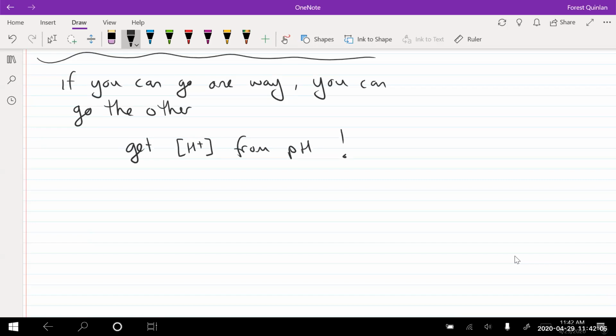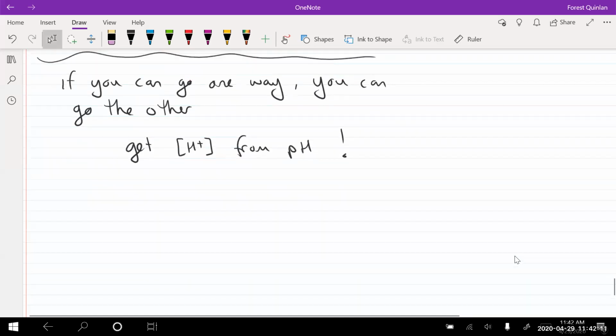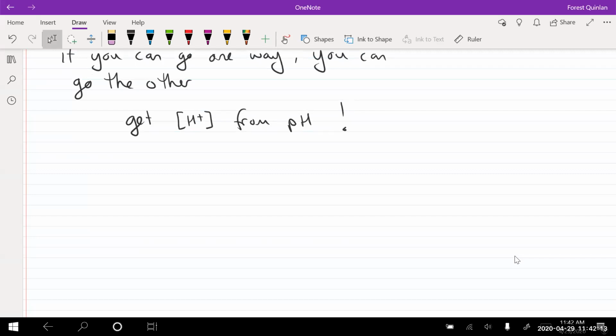That is just taking that pH equals negative log of the H plus and inverting it with the anti-log. And so the concentration of H plus is equal to 10 to the negative pH.